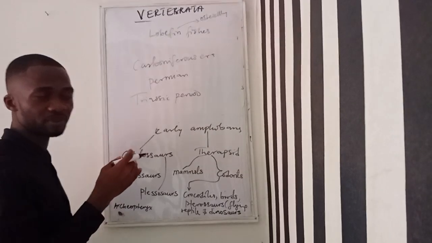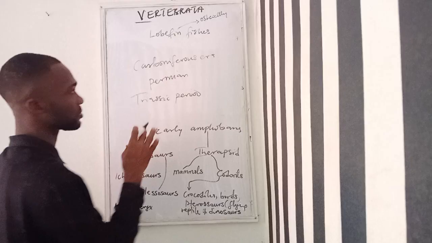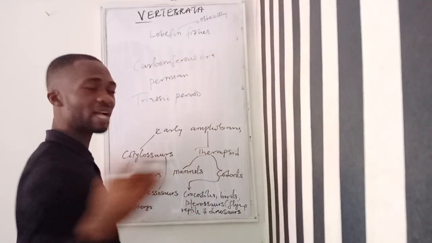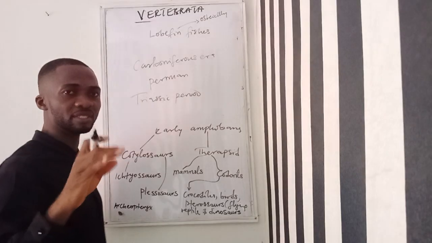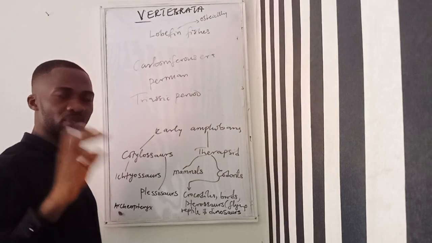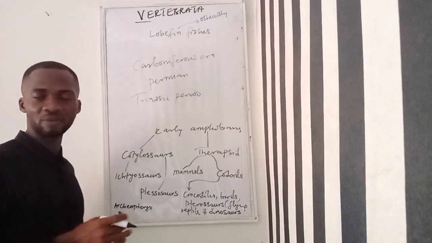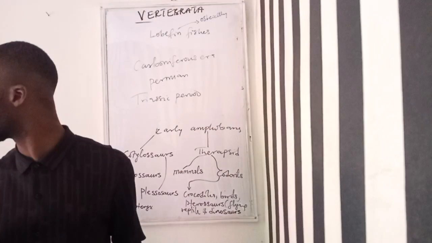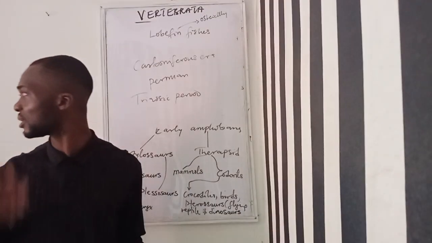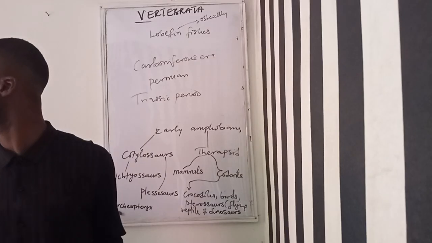Geologists are the ones who have studied these different eras and gave different numbers to them based on what they discovered, like 400 million years, like 50 million years, like 45 million years, and so on and so forth.